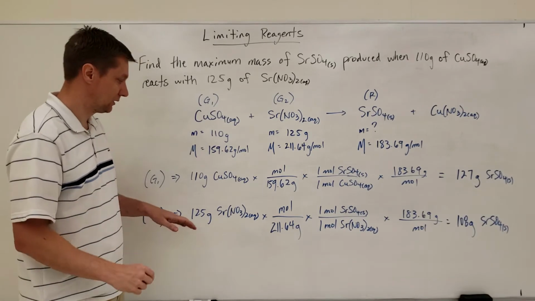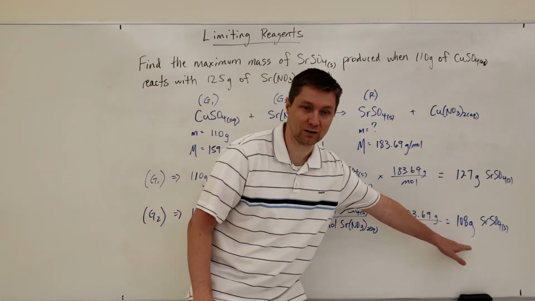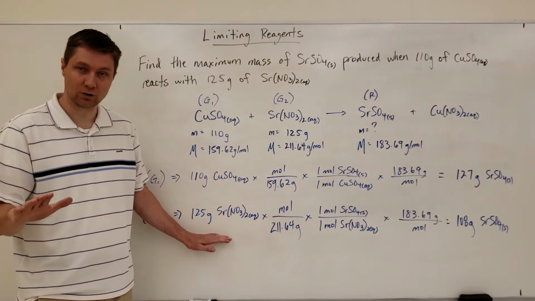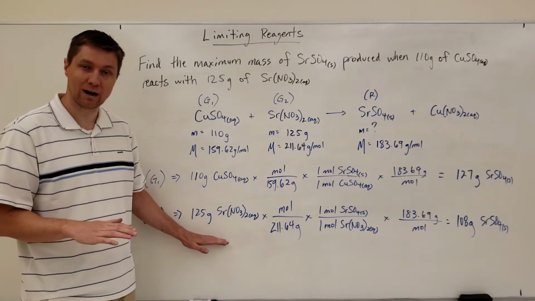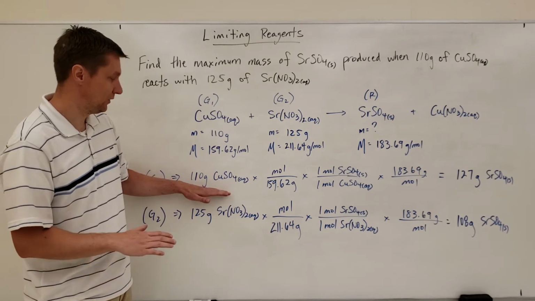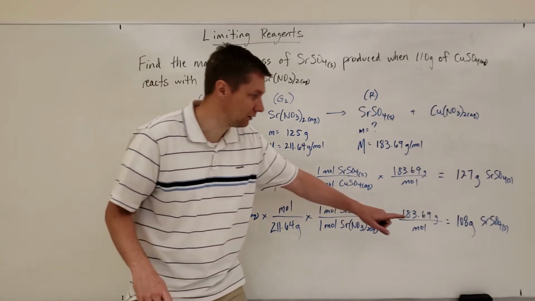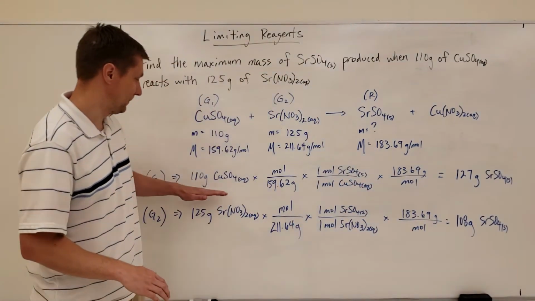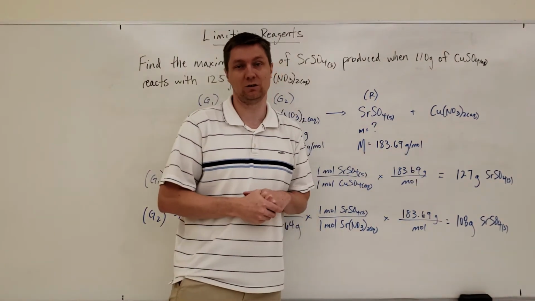And it's because once I produce 108 grams of strontium sulfate, I am going to run out of the strontium nitrate. At that point, all 125 grams of this has reacted. Conversely, if I look at this, not all of the 110 grams of copper 2 sulfate has reacted when I get to the 108 gram level, because this 110 grams can make 127 grams of strontium sulfate.